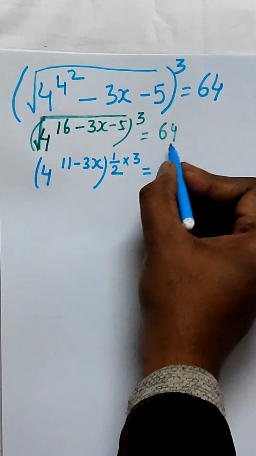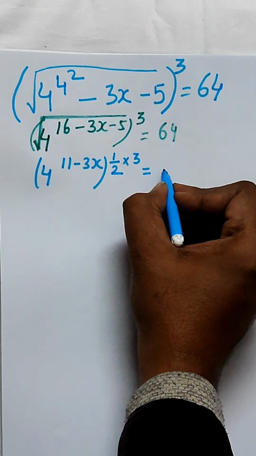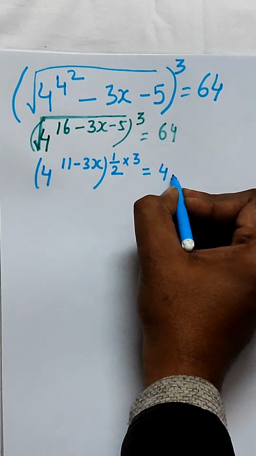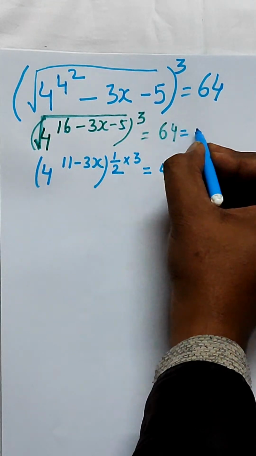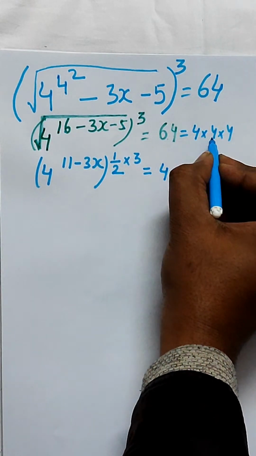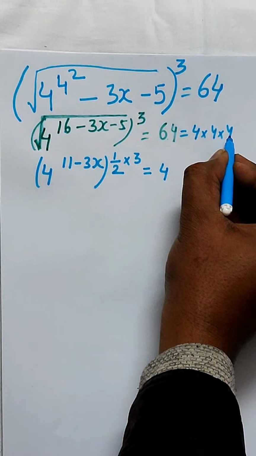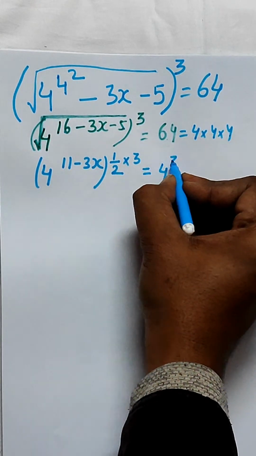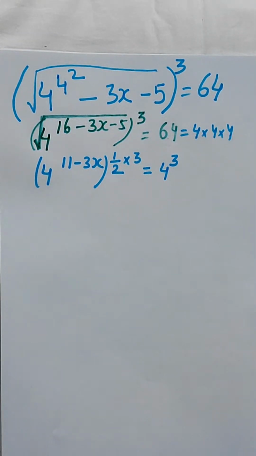And in the RHS we can say 64 can be written as 4. You just factorize 64. It can be written as 4 into 4 into 4. 4 into 4, 16. 16, 4, 64. So it can be written as 4 to the power 3. Isn't it? Yeah.